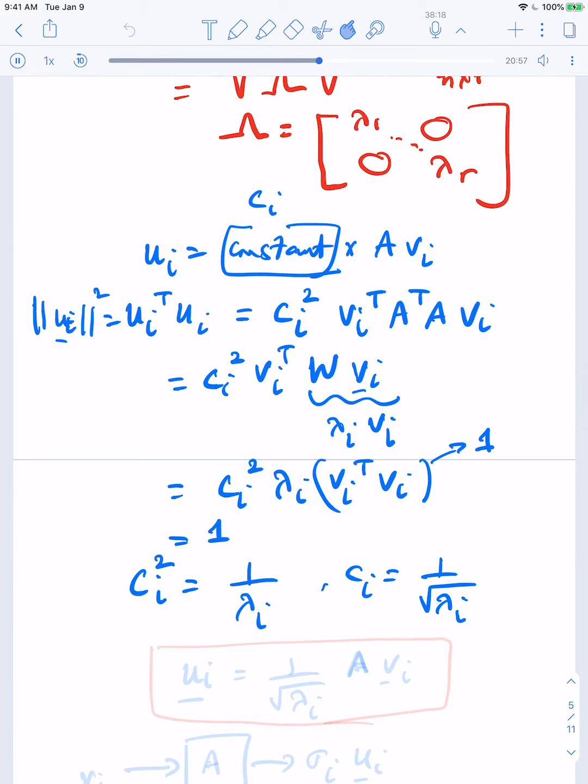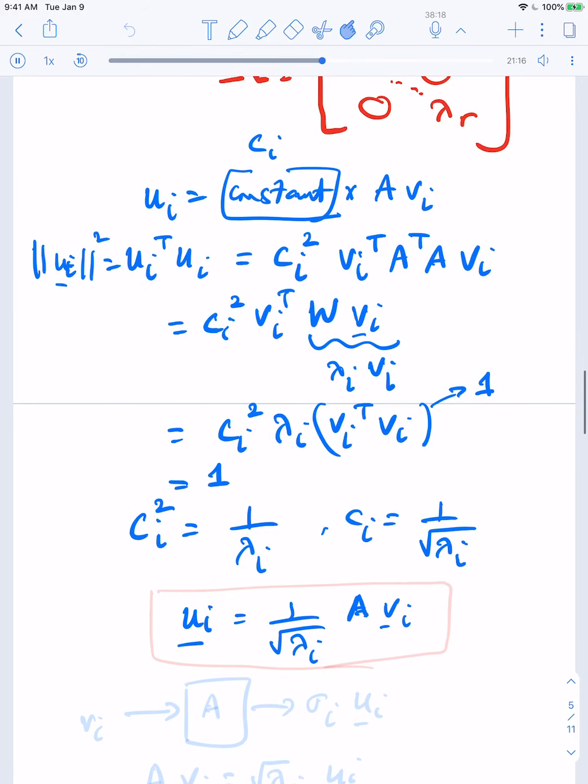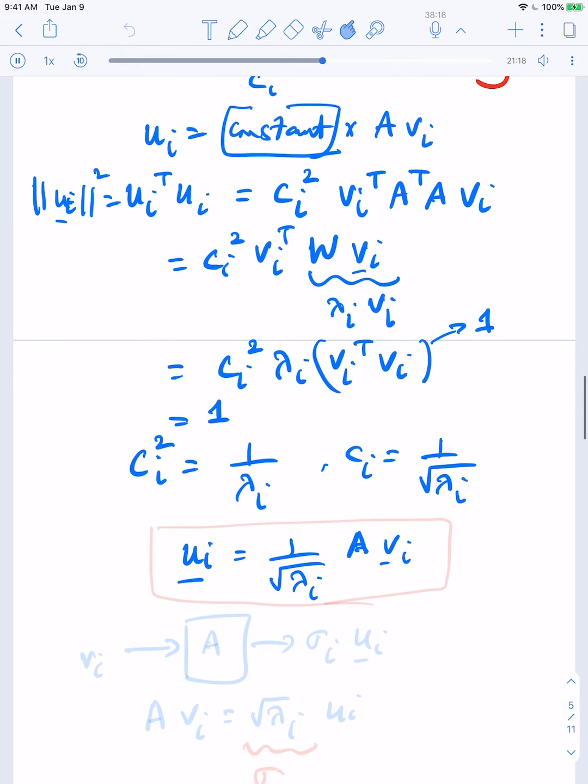So I am defining the Ui's as 1 over root lambda i times A Vi, right? And inverting this, remember I had this idea of Vi going through A and giving me sigma i Ui.